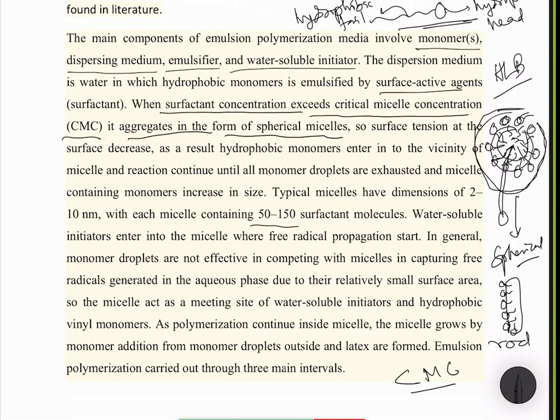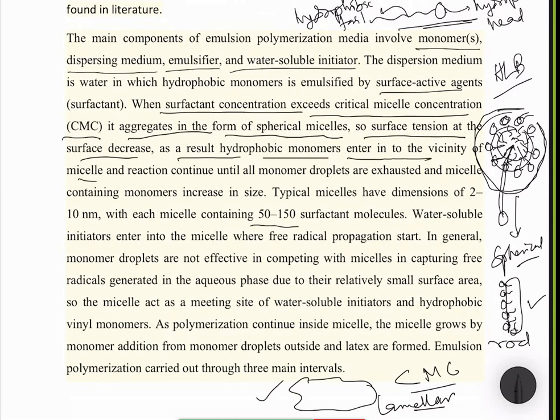It can also give a rod-like association, or a lamellar association. So it is not only spherical; it depends on the surfactant molecules being used. So the micelles are formed, the surface tension decreases, and as a result the hydrophobic monomers start to enter the vicinity of the micelle, and these micelles then act as the locus of the polymerization.